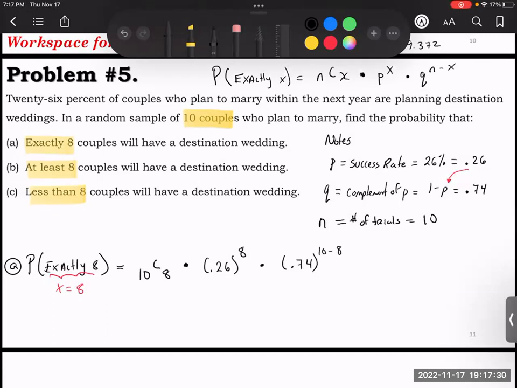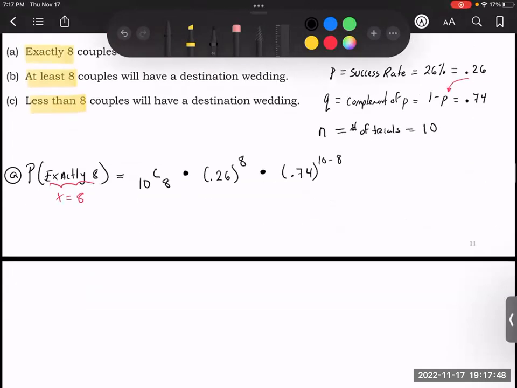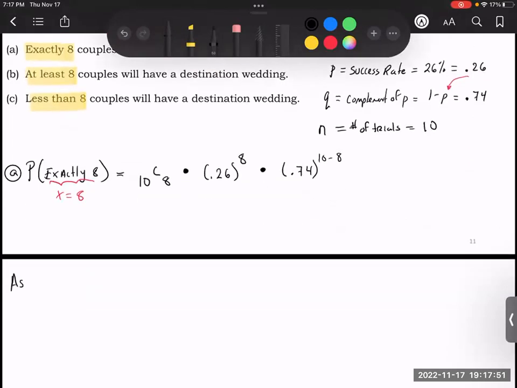Okay. Let me just clarify. These are just my multiplication symbols. So what we have to do now is compute 10 choose 8, then figure out what these three numbers are, multiply them all together, and we get our probability. Just an aside here: if you want to compute 10 choose 8, you have to use the combination formula.